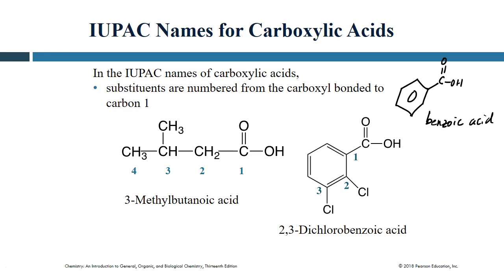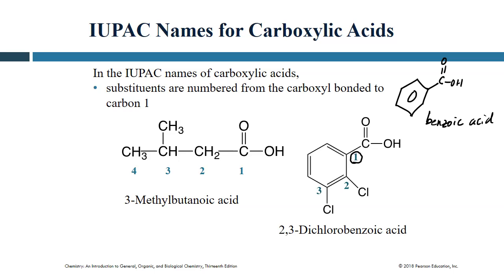And so if there are side groups, all we have to do is number the side groups starting with the acid group as number 1 on the ring and numbering around to whatever combination gets us the lowest set of numbers.